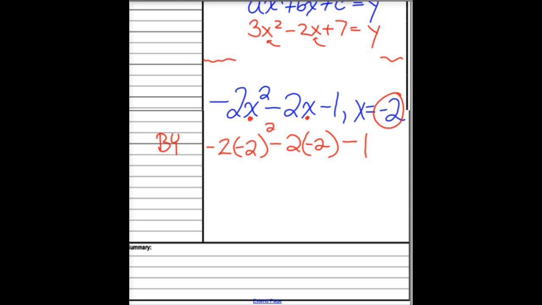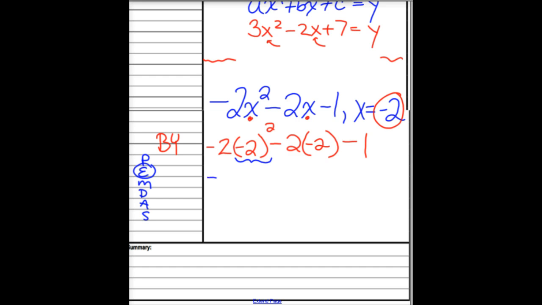Now, you have to remember your rules of order because math doesn't get done like English does, left to right. Math has a hierarchy of, please excuse my dear Aunt Sally. And exponents need to be given top priority, second to parentheses. So I need to square this first before I do anything else.